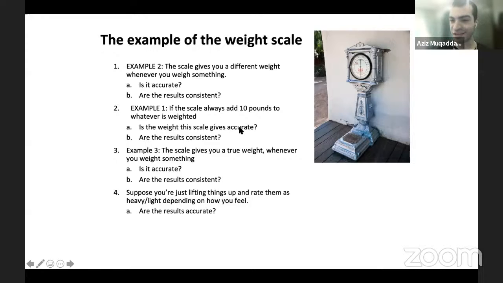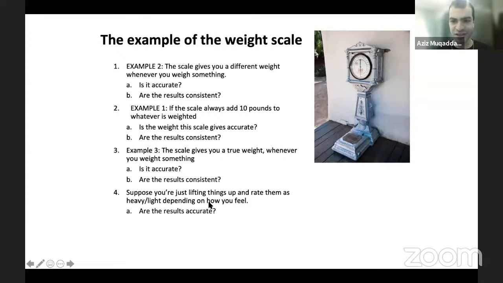The scale is consistent. It consistently adds 10 pounds. It's not arbitrary; it doesn't give a random number. So it's not technically accurate, but it's consistent. You see the difference between accuracy and consistency. There is a bias, literally 10 pounds plus, but it's a consistent bias.